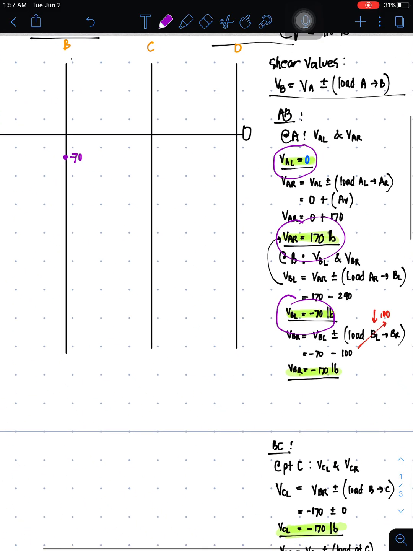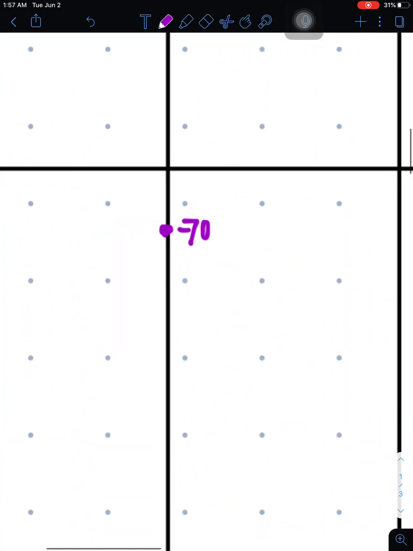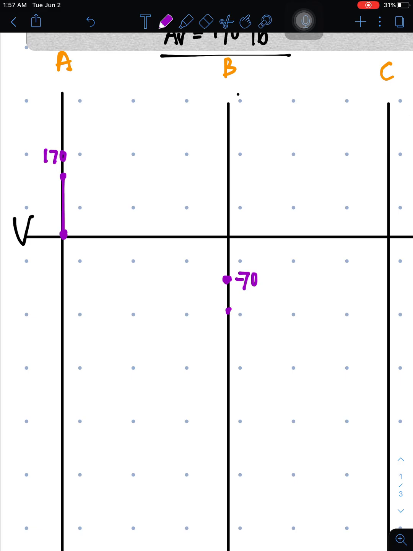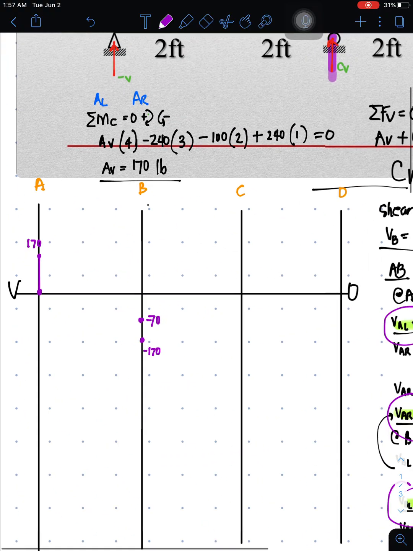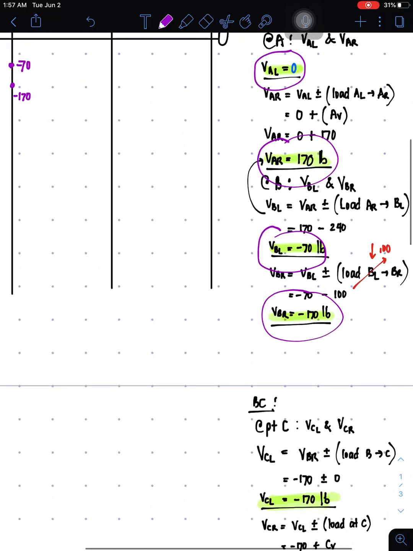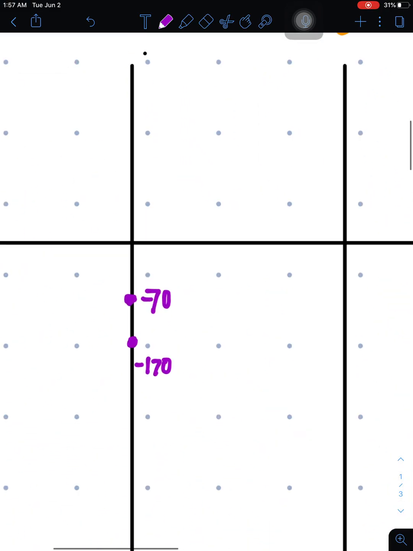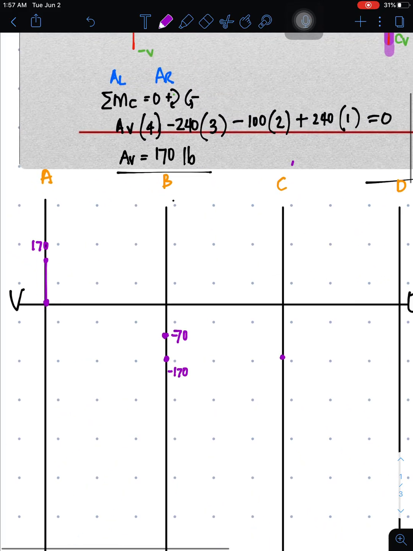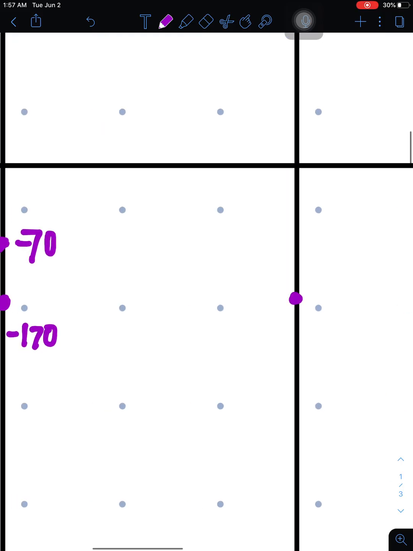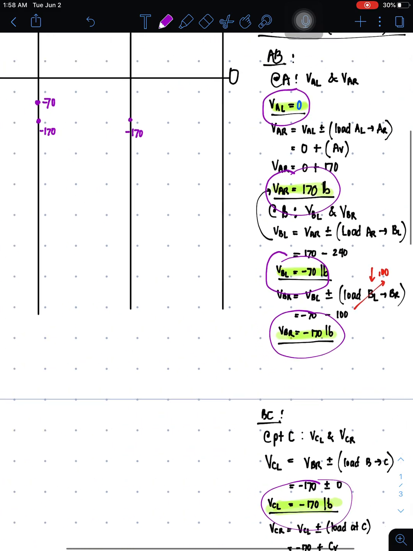Next, we plot negative 170, which is still at B. We are still at point B. Negative 170. Then next, we are at point C, negative 170. Of course, negative 170 should be the same here. This is point C already, and the value is negative 170.